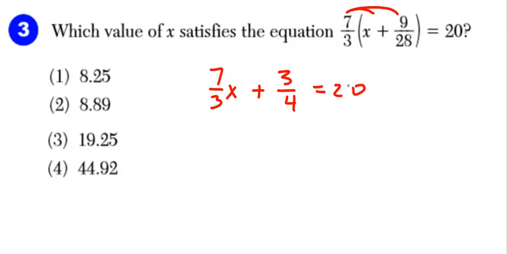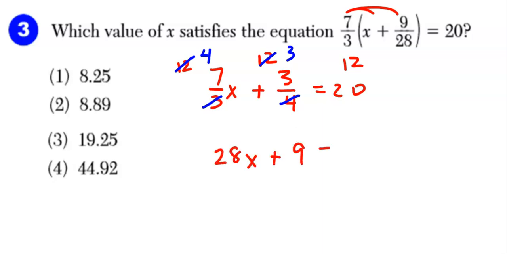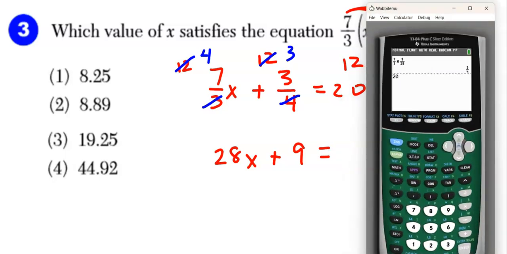So we get 3/4 here. And now what I'm going to do is multiply everything by 12. So I want to get rid of these fractions here. This one's going to be 3. And let's see, it looks like I'm going to get 28x plus 9 equals 20 times 12. 12 is 240.